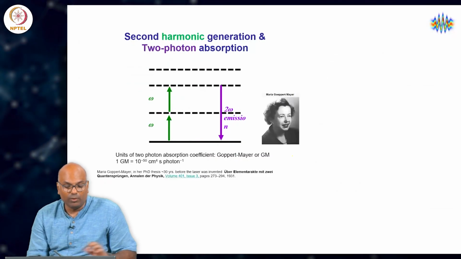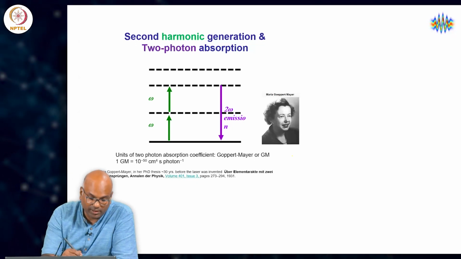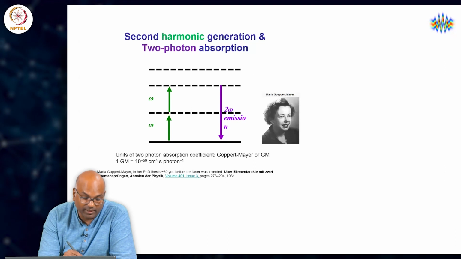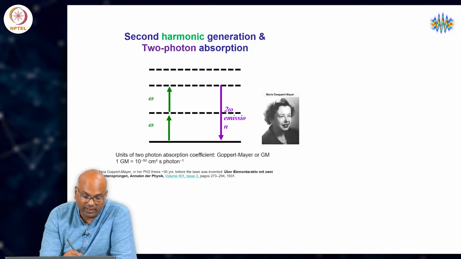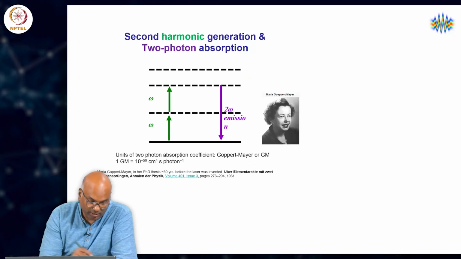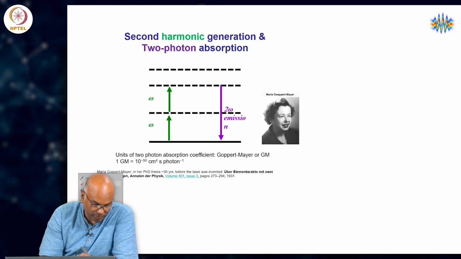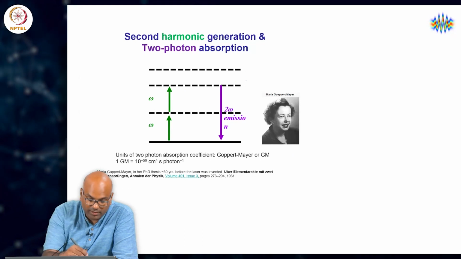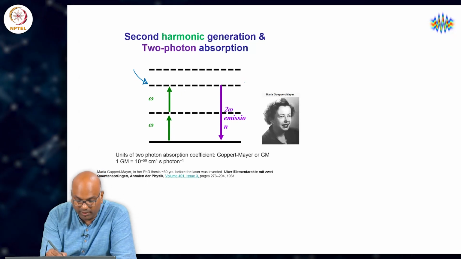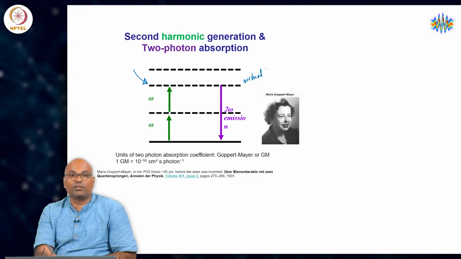Now, second harmonic generation can be viewed as the absorption of two photons simultaneously by one atomic center, and this absorption need not be resonant, that is to say the excited level into which the system gets excited need not be a real state, it can be a so called virtual state, which is extremely short lived.